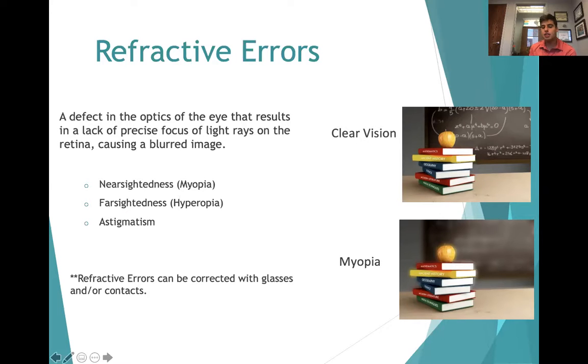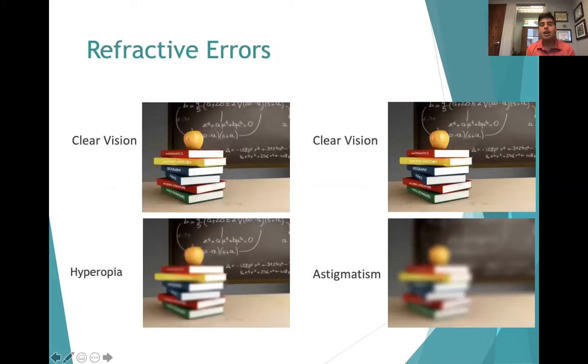To the side of the PowerPoint is an example of clear vision versus myopia or nearsightedness. Refractive errors can be corrected with glasses and or contacts. On the next slide are 2 other examples of hyperopia and then astigmatism.